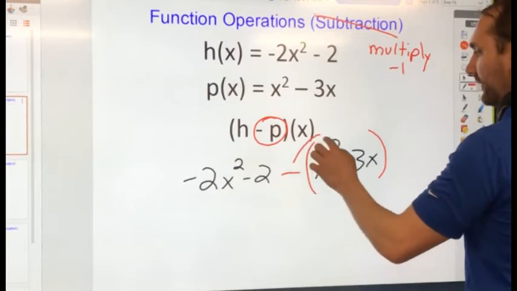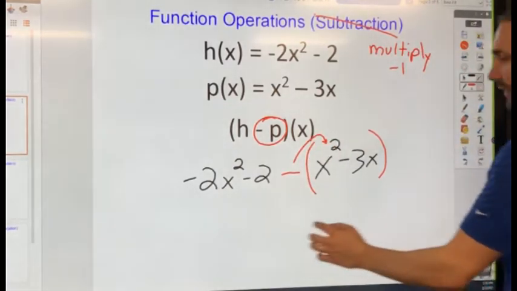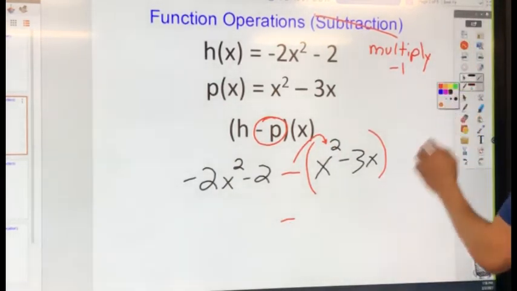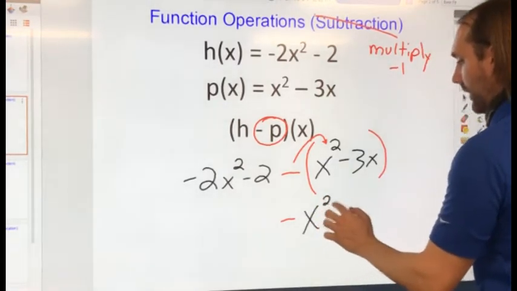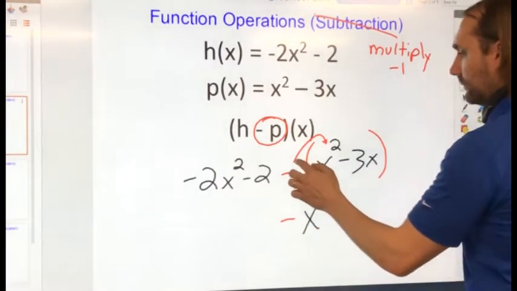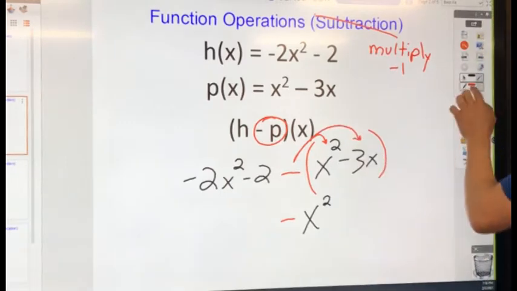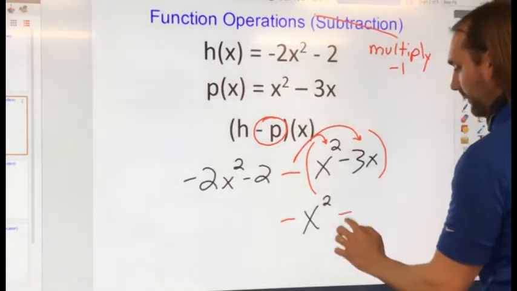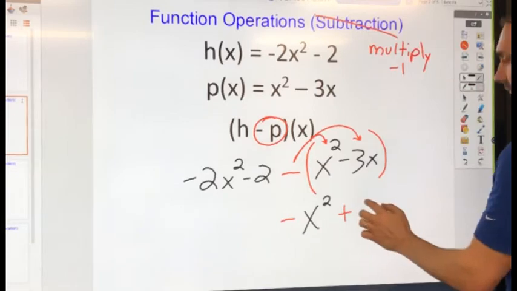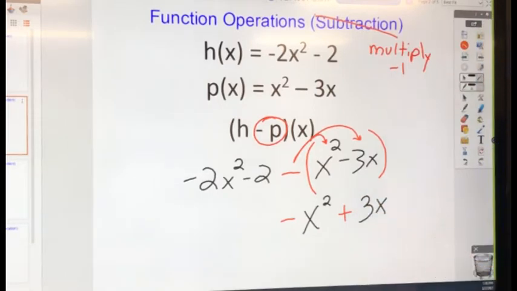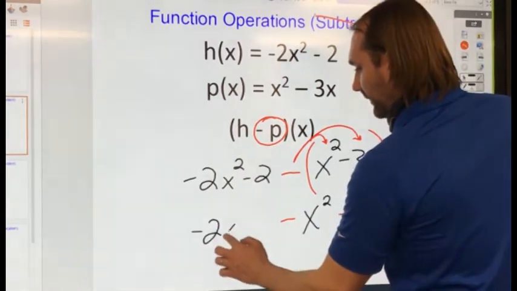So I get negative 1 times x squared, which gives me a negative x squared, and negative 1 times negative 3x, which turns it into a positive 3x. H, I'm not going to do anything to it. I'm just going to leave it as is.